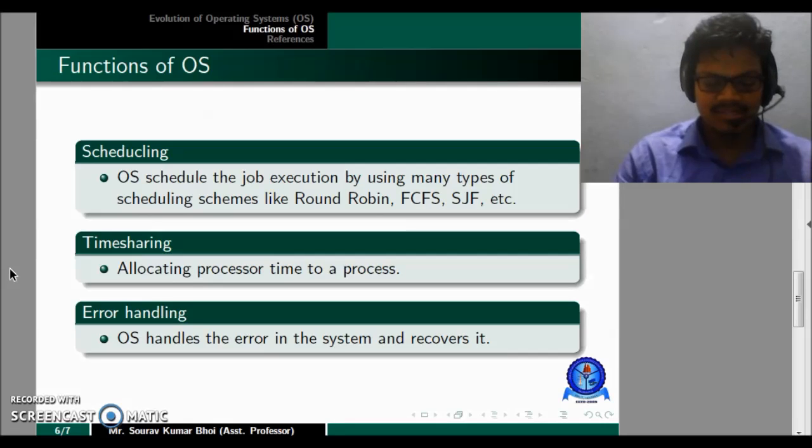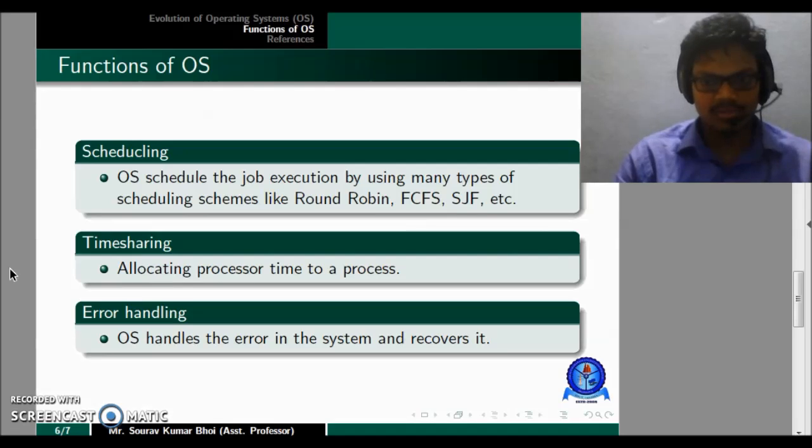In time sharing we are giving a fixed time to each process. For example, suppose 5 processes are there. The first process takes 5 seconds, the second takes 10 seconds, the third 15 seconds, the fourth 20 seconds, and the fifth 25 seconds.